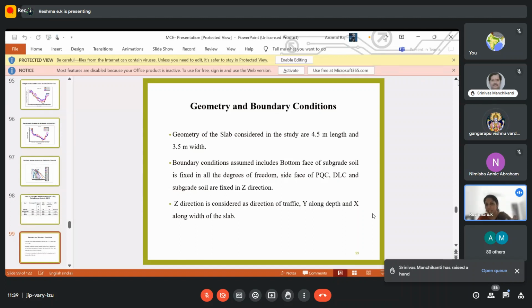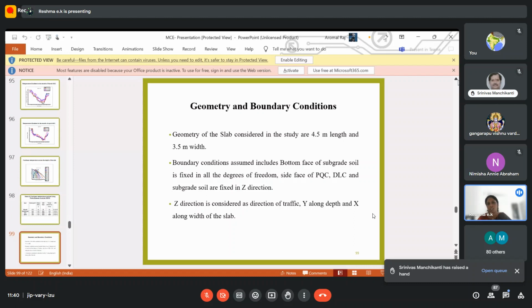But when I give that condition, the stresses are very, very negligible. So I cannot use those boundary conditions which I've used in the field. So this is the actual single lane, 3.5 meter width and 4.5 meter length, the minimum length and width which I could give as the input.